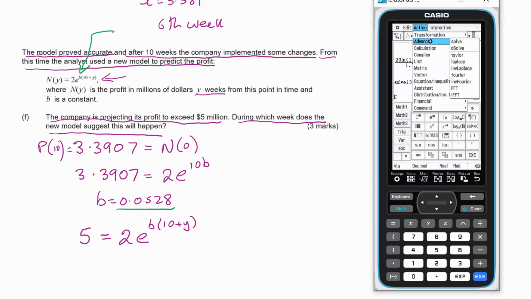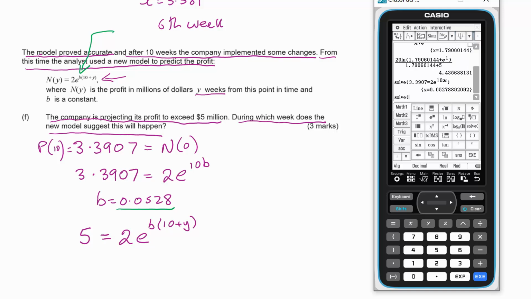So action, advanced, solve. 5 equals 2 e to the, let's grab that, drag it in there, open a bracket, 10 plus x, and close the bracket at the end, and solve, and we get 7.36.